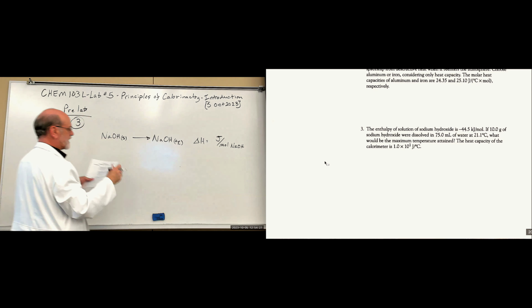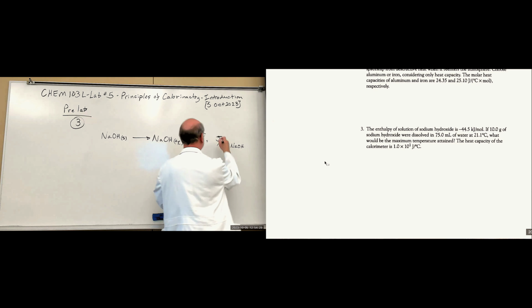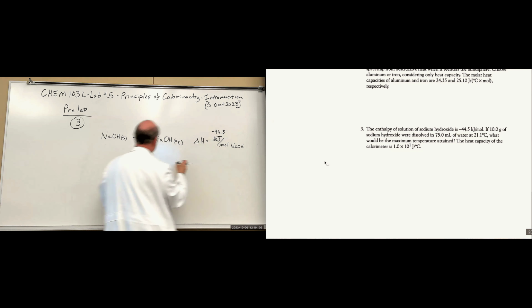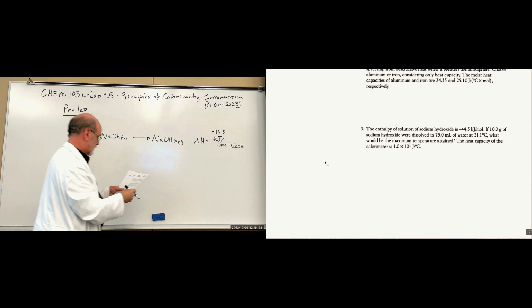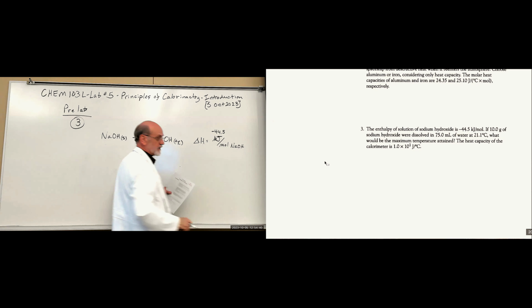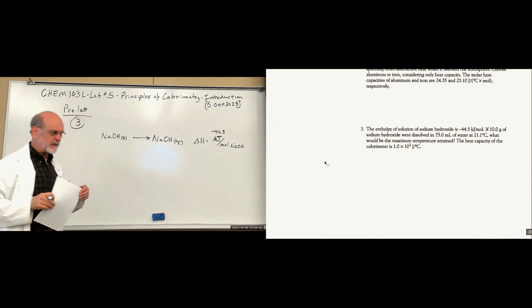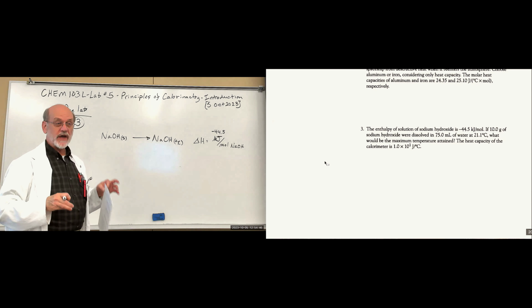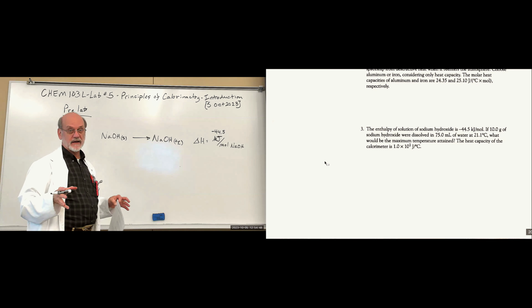Oh, they actually give it to us: minus 44.5 kilojoules per mole of sodium hydroxide when it goes into solution. That's a negative, so it's exothermic. It's extremely exothermic. And that's typical of strong acids and strong bases, as a matter of fact.